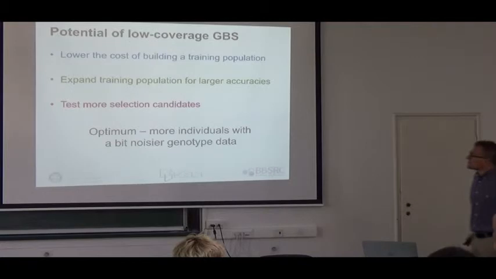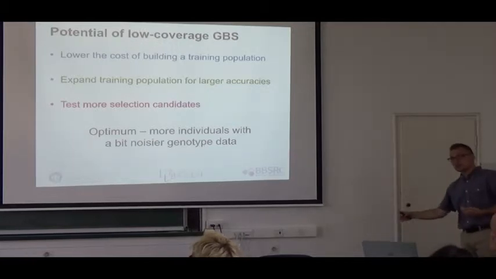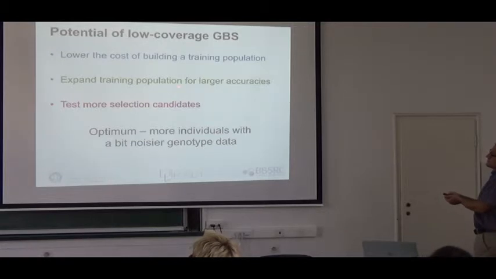Just to summarize this set of results, it seems that if we're using low coverage genotyping sequencing, we can lower the cost of building a training population. I think this is an important message because quite often this is the stumbling block to starting genomic selection. We can also expand the training population to get larger accuracies, and we can test more selection candidates.